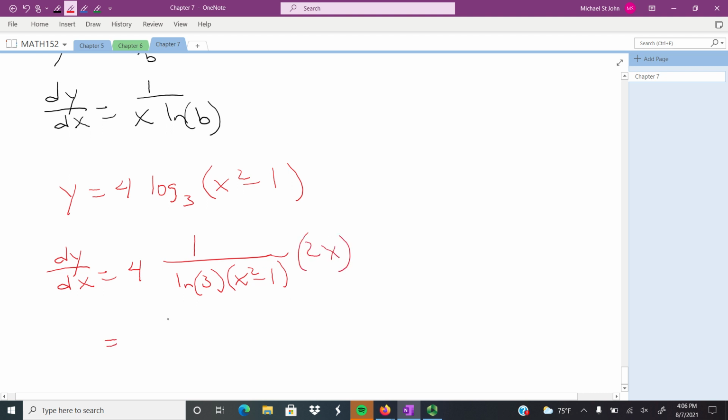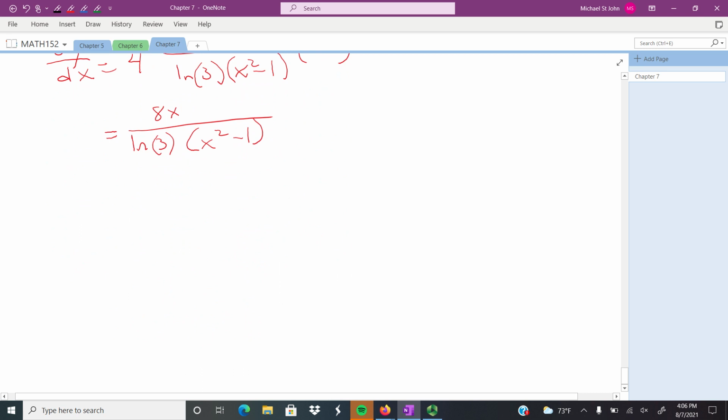And so we're going to end up with 8x over the natural log of 3 times (x squared minus 1). And that's basically 7.3.